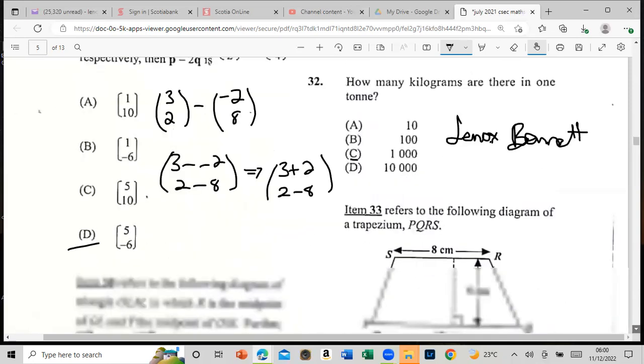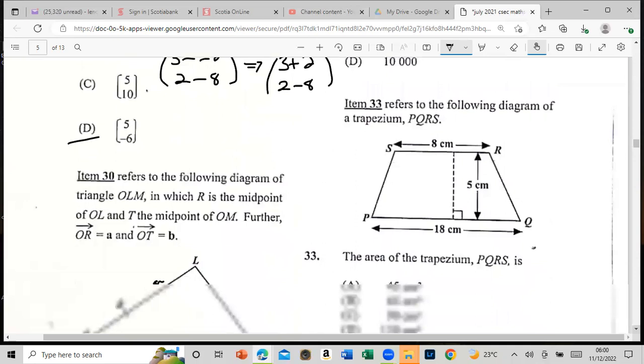Item 33, the following diagram of a trapezium PQRS. The area of the trapezium PQRS is... So how do we find the area of a trapezium? We add A plus B, divide by 2, and multiply by the height. It's pretty straightforward.